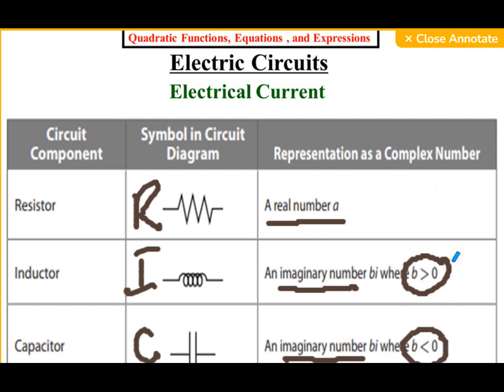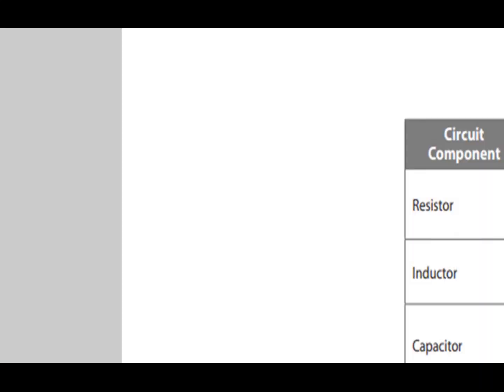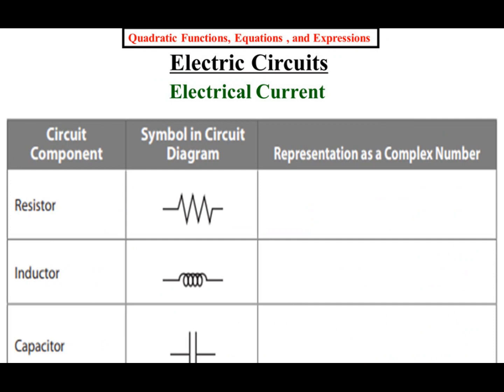Now, some of you are still wondering right now, what does that mean, Mr. Q? Well, I'm going to put it in simple terms, so I want you to copy this table again, but leave the right side blank so I can put it in simple words. The top of the left column reads circuit component, and you write resistor, inductor, capacitor. The middle column says symbol in circuit diagram. They give us a symbol for each.